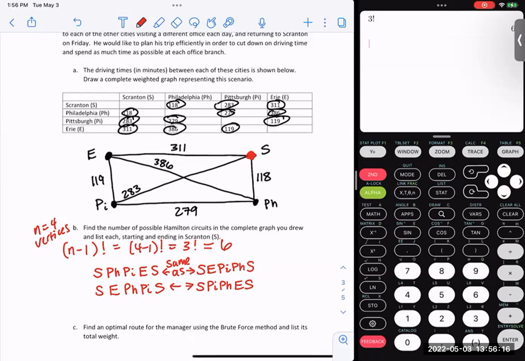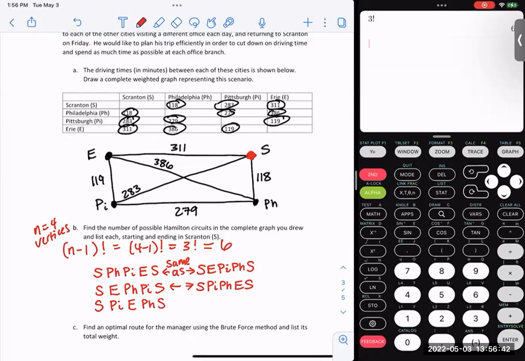And then let's see. What have I not got yet? So I've done Scranton, Erie, and Scranton, Philadelphia. I haven't done Scranton, Pittsburgh. I already did Scranton to Pittsburgh to Philly. So how about Scranton to Pittsburgh to Erie, to Philadelphia to Scranton?